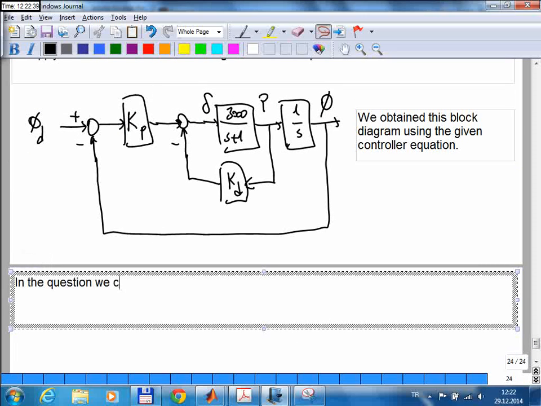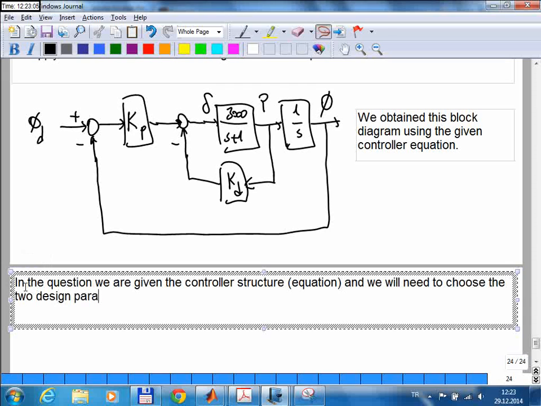In the question, we are given the controller structure, the controller equation, and we will need to choose the two design parameters, and these parameters are those two numbers, Kp and Kd.